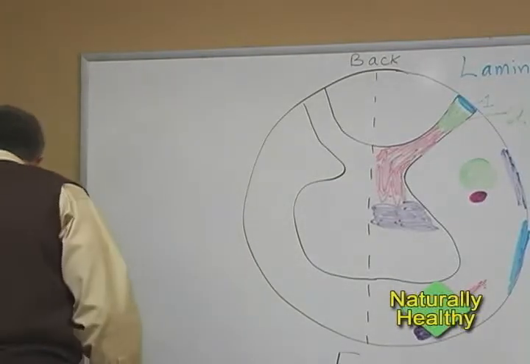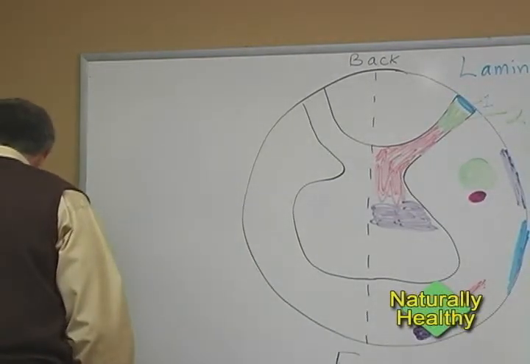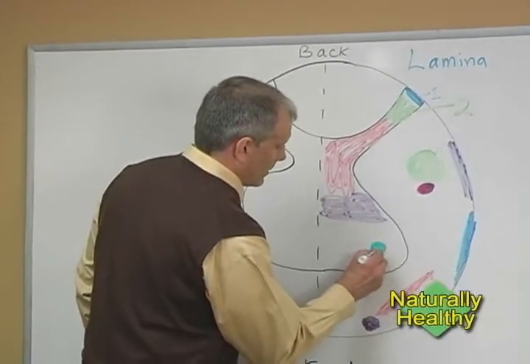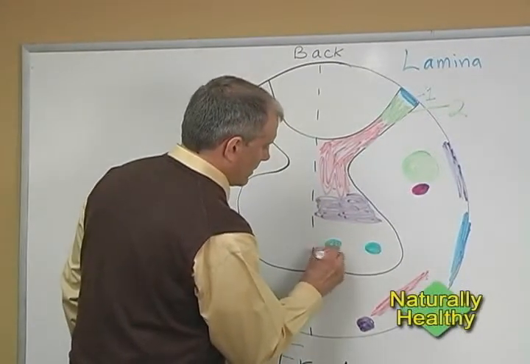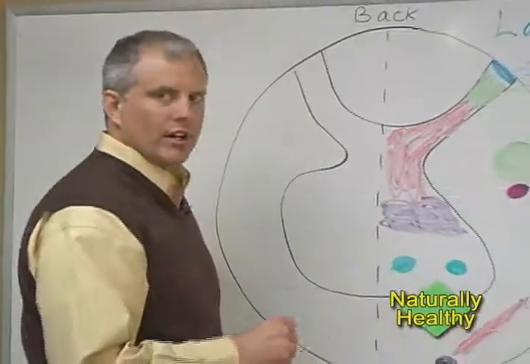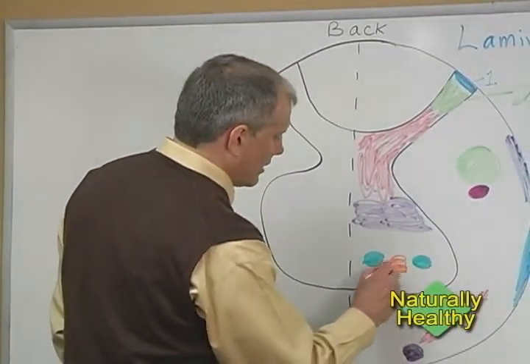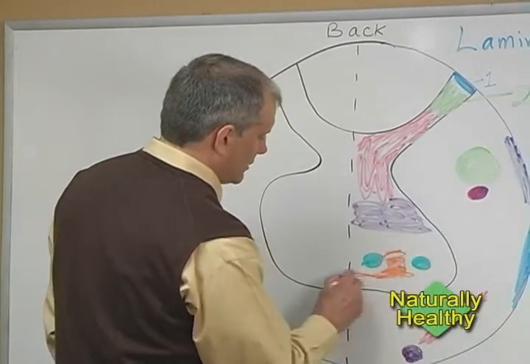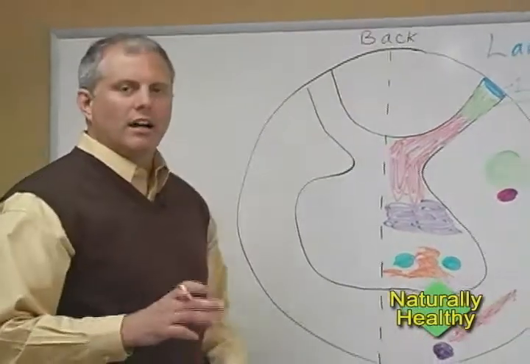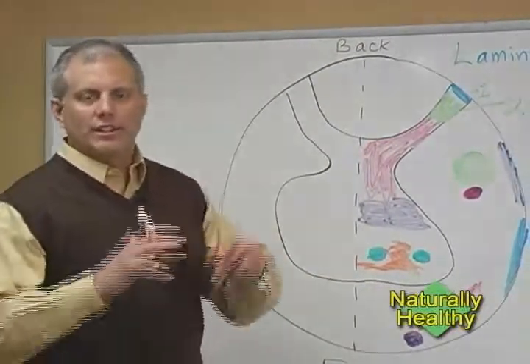Now there's 3 more areas here, okay? These 2 green areas here are lamina 9, but in through here is some of lamina 8. Lamina 8 are some connectors. They're called interneurons.